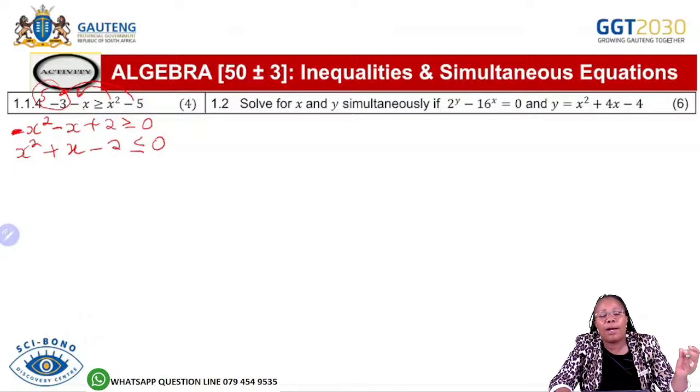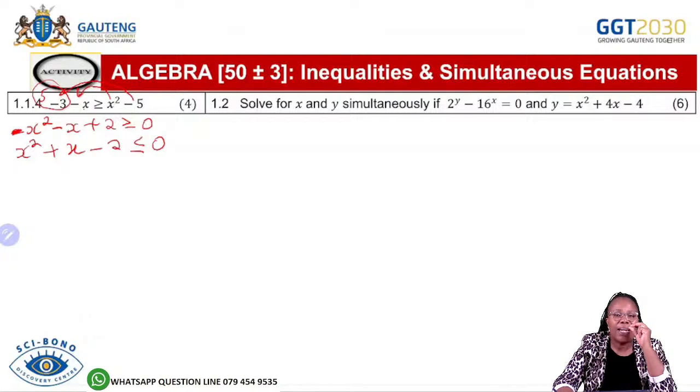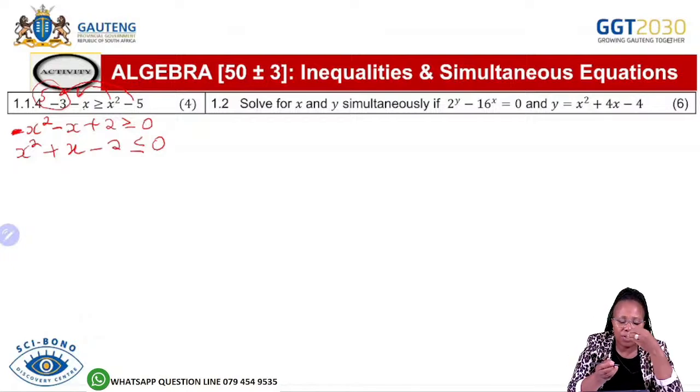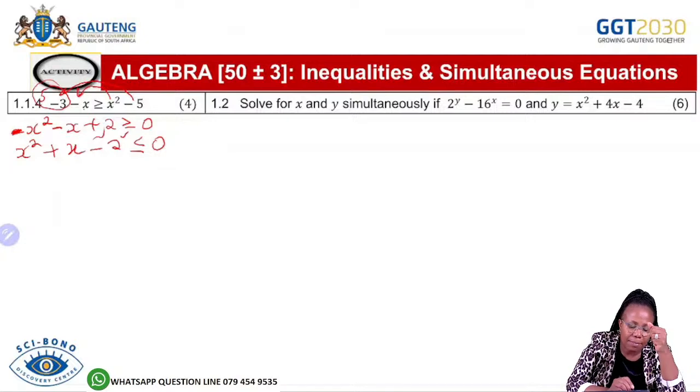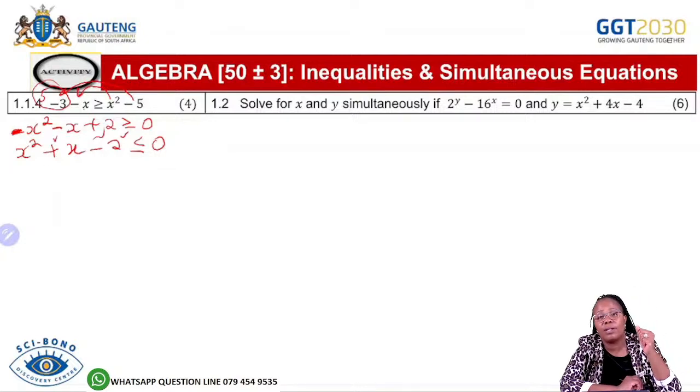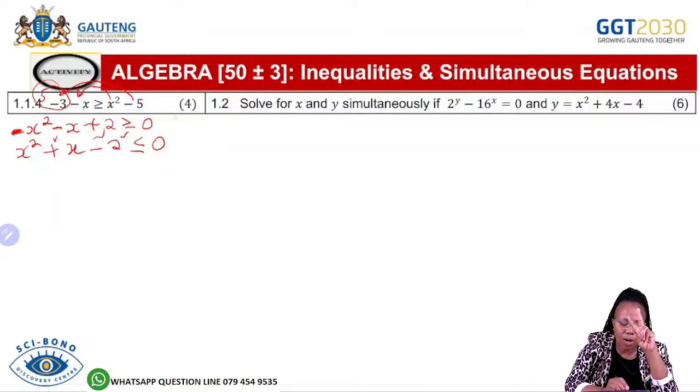And then now the trinomial is always talking to you in terms of factors. This trinomial is saying to us, look for factors of 2, right? When you subtract them, you must get a positive 1. We know that factors of 2 are only 1 times 2.